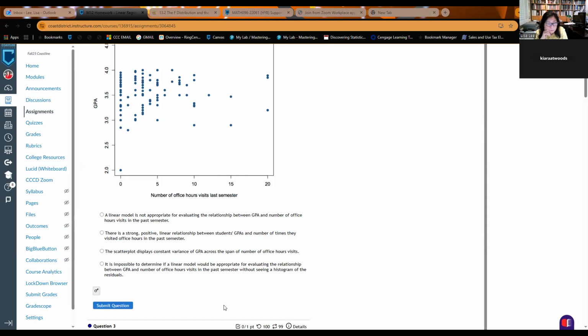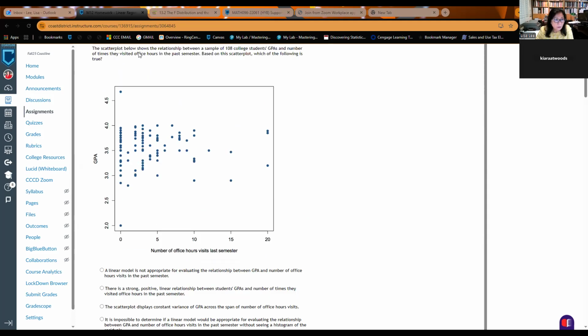Constant going straight across, not with all the different values. At 0 hours, their GPA is so different, right? From 2.0 up to someone on the top there, more than 4.5.